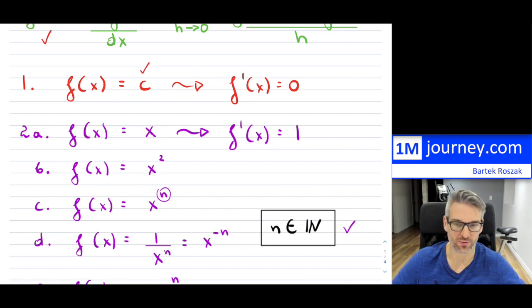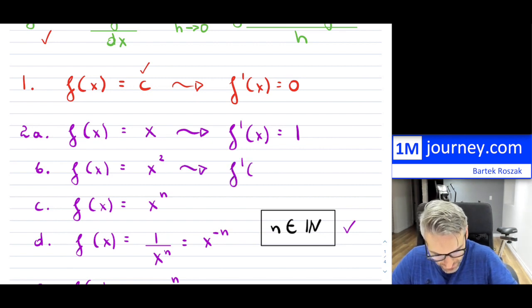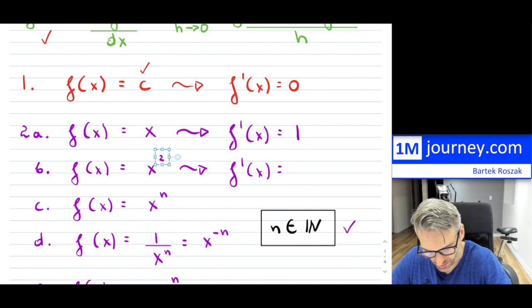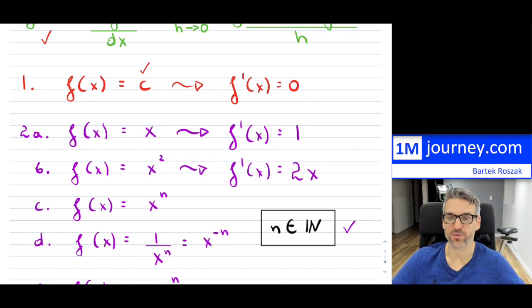So 1, 2, 3, etc. However, we have already identified that the derivative for x is just 1. Now, the derivative for x squared turns out to be equal to the exponent right here, which is brought down to the front, and then this is going to be just the variable x.